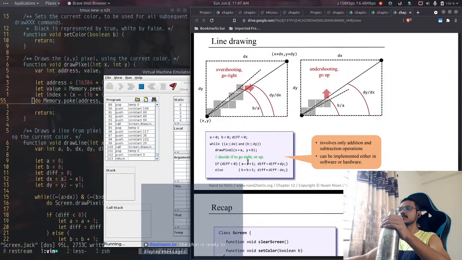All we have is 2 points, x1 y1 and x2 y2.